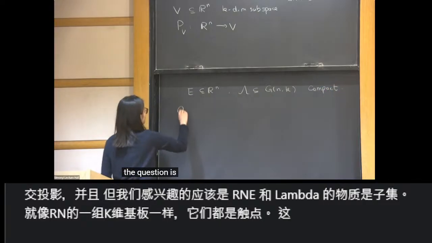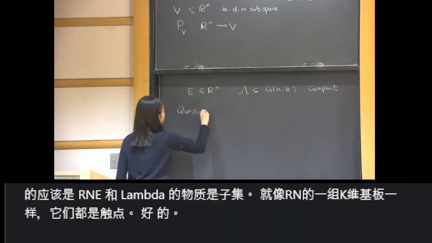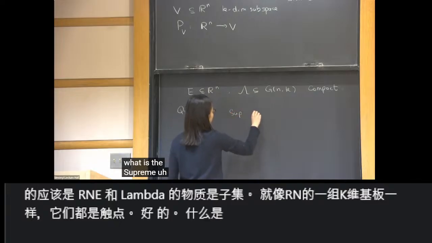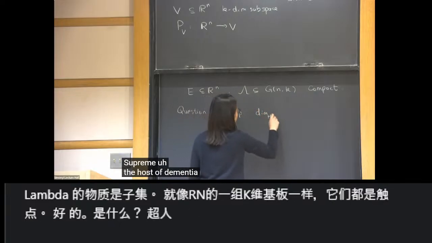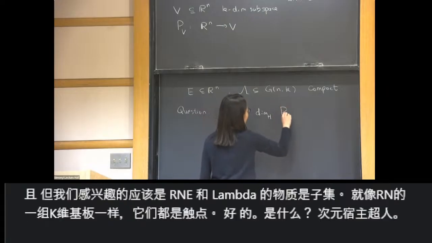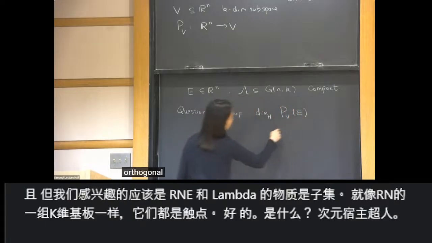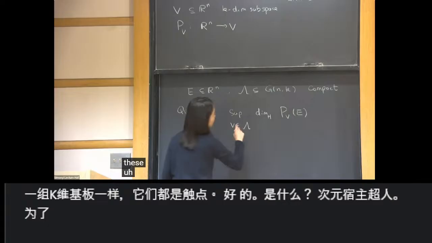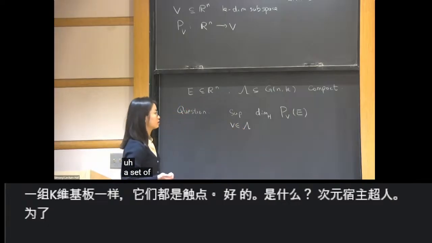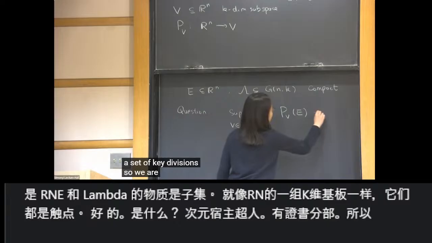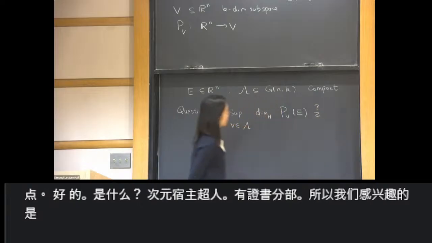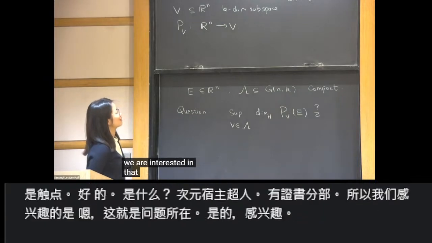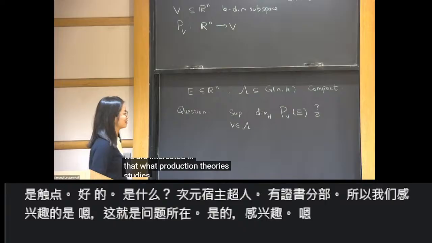The question is, what is the supremum of the Hausdorff dimension of the orthogonal projection image of E for V in lambda? This is the question that projection theorems study.